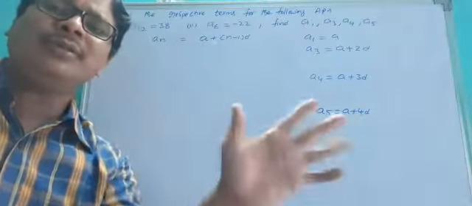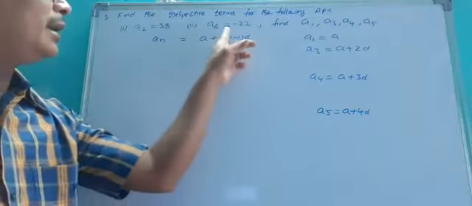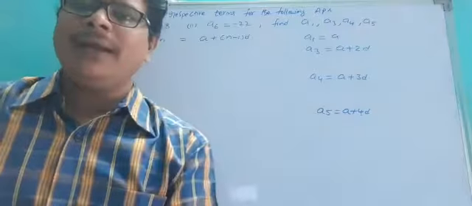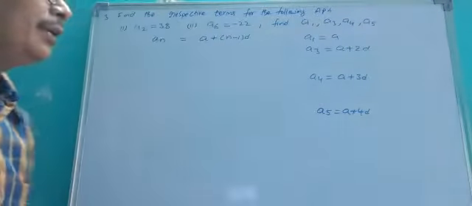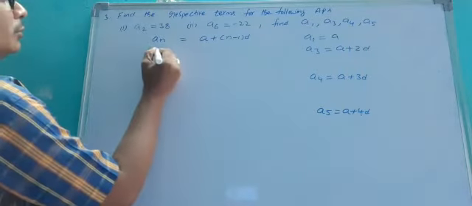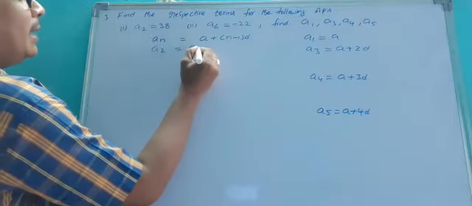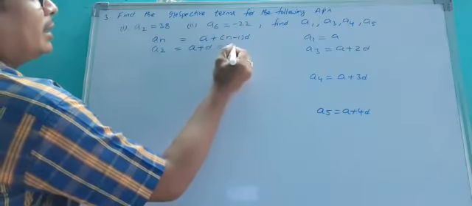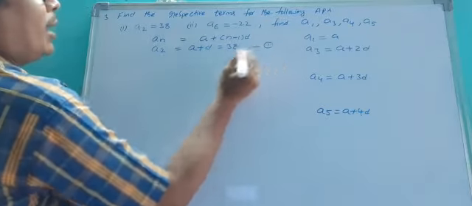Some clues are there. What is that? A2 and A6. With the help of these two terms, we have to find A and D first. A2, the second term, means A plus D equal to 38. Let us call this equation 1.